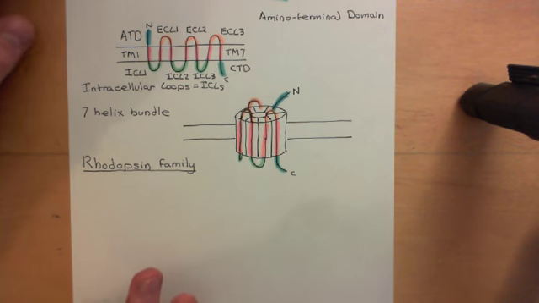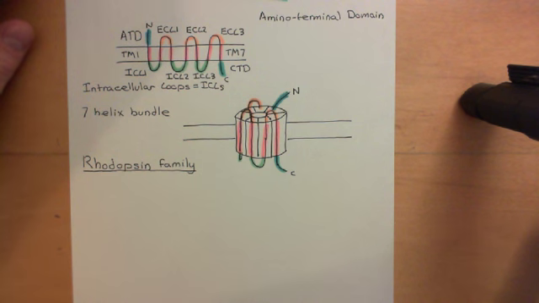Now, rhodopsin was actually the G protein coupled receptor which we got the structure of first. That's firstly because rhodopsin is a very important receptor, and secondly for a practical reason, which is that it's a very stable receptor, and it proved quite easy compared to the other G protein coupled receptors to produce crystals of it.